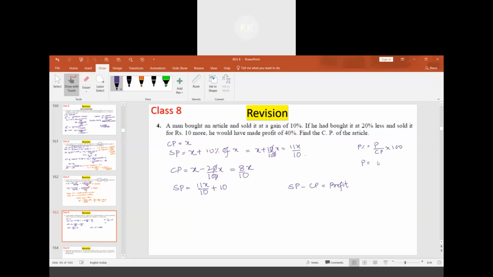So the profit will be 11X by 10 plus 10 minus 8X by 10. Using this formula, profit percentage 40 equals profit divided by the cost price 8X by 10, into 100. The zeros will cancel. So this will be the equation.